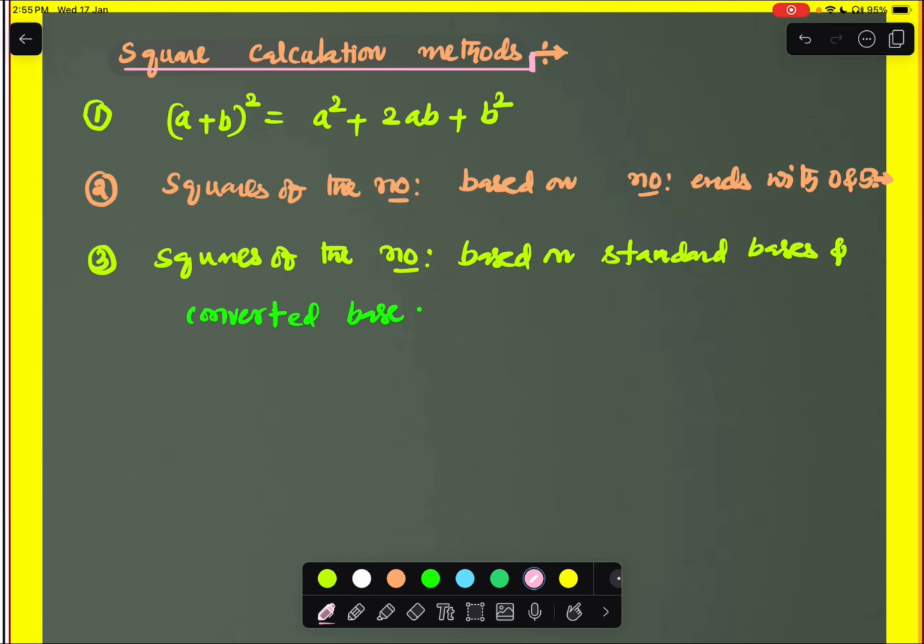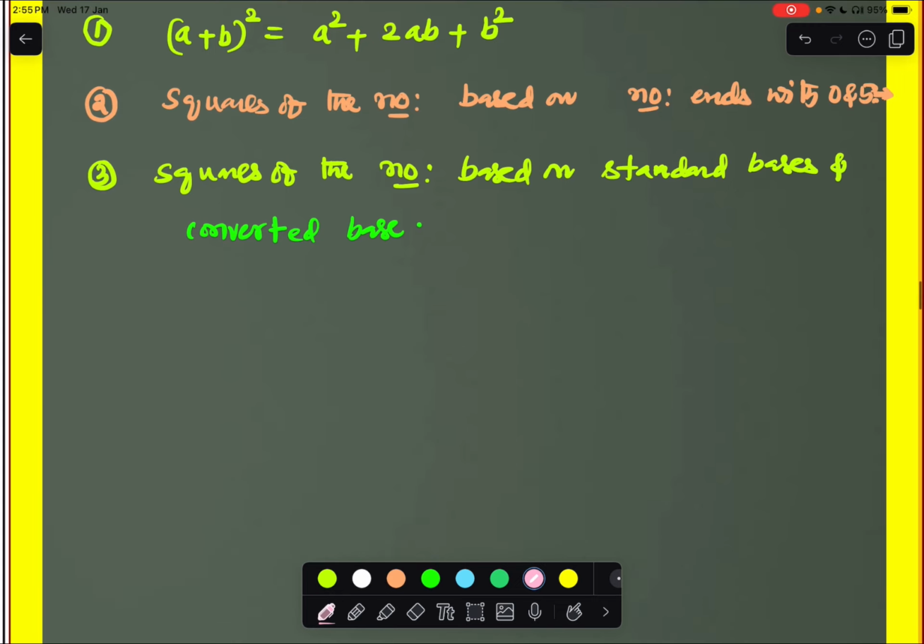Now first I'm taking two-digit numbers. Single-digit number squares we already know. Suppose I want to calculate 21 square. I can consider b as 1 and a as 2 here. First we write the b square value, 1 square. Next the 2ab value, 2 into 2 into 1.